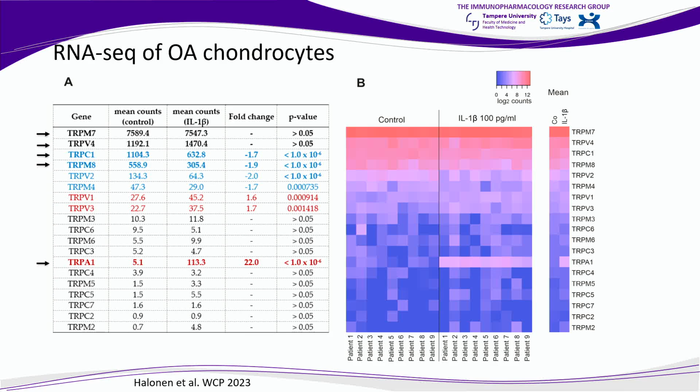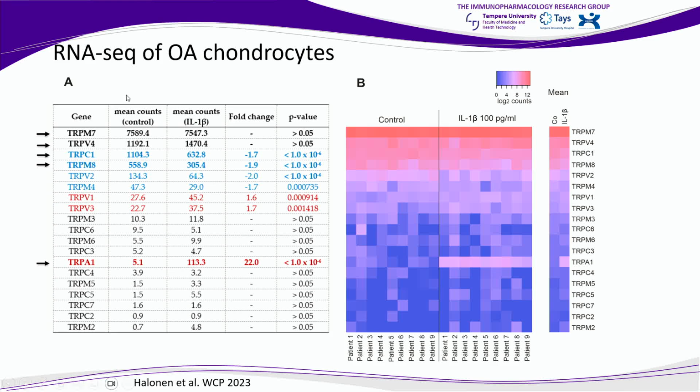And I want to point out a couple of highlights here. Firstly, the TRPA1. Down here, you can see the pretty massive upregulation when stimulated with interleukin-1 beta, which was also shown earlier by Numema and company.